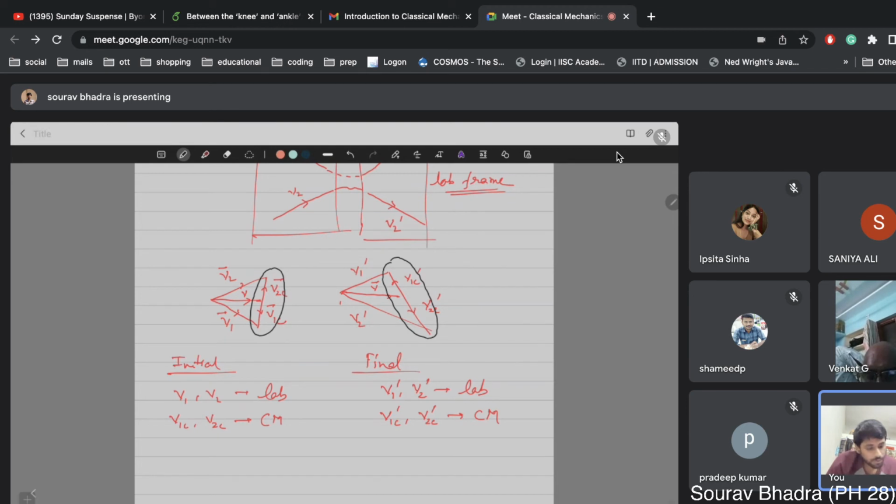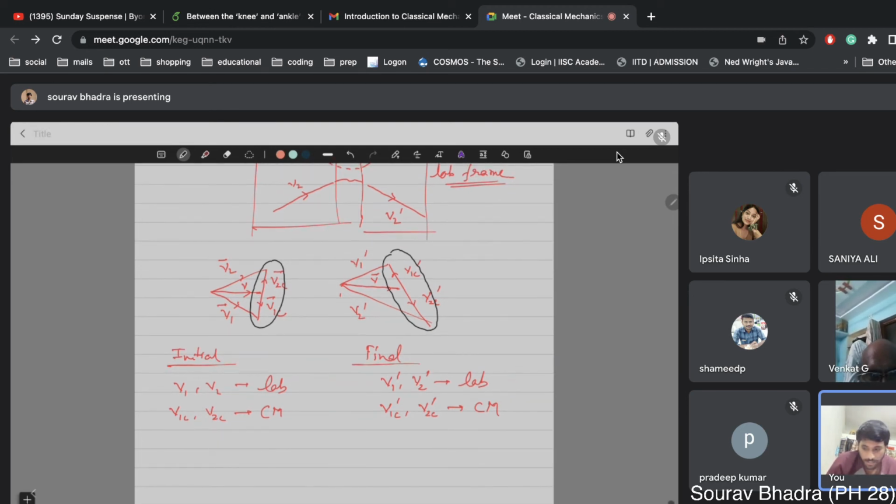Now we will superpose these two branches of this geometrical figure. So if we put this, it will be like this, v1c and v2c. And if we put this, now it will take a form like this, so v1c dashed, v2c dashed.